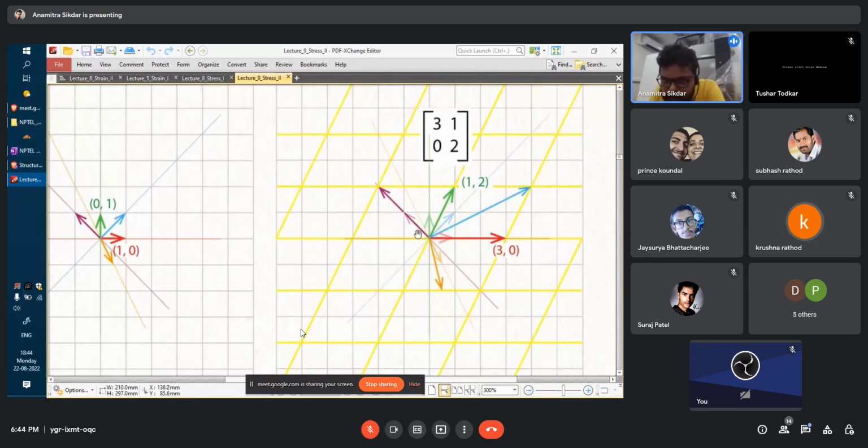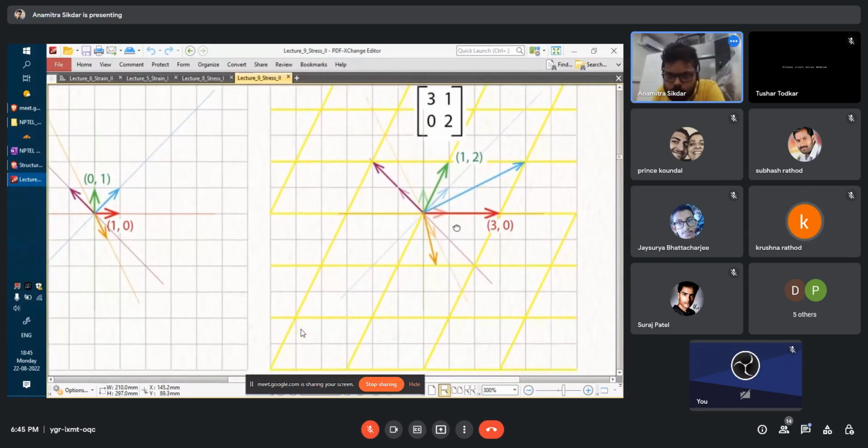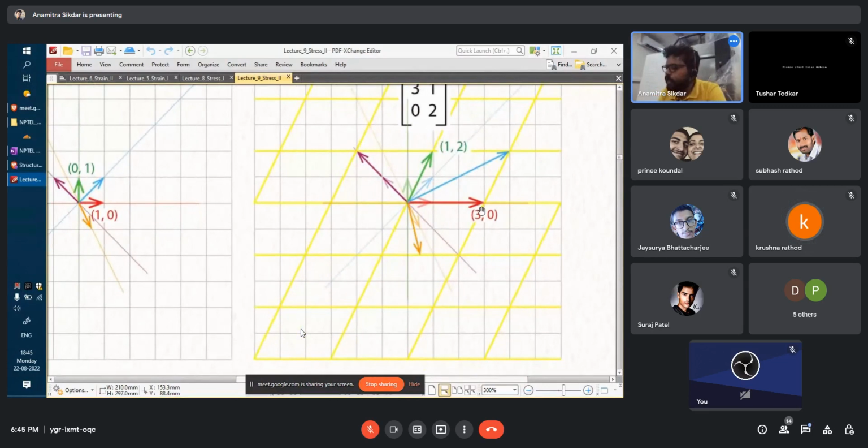So these directions are called eigenvectors, and the amount by which it got stretched is called eigenvalues. Is it clear now? Hello? Yes, sir, please repeat it.